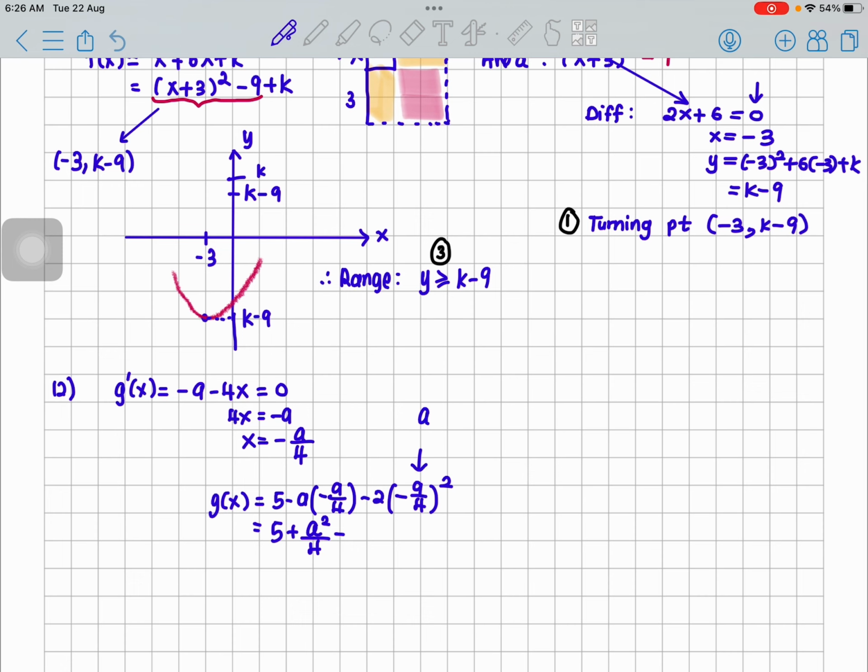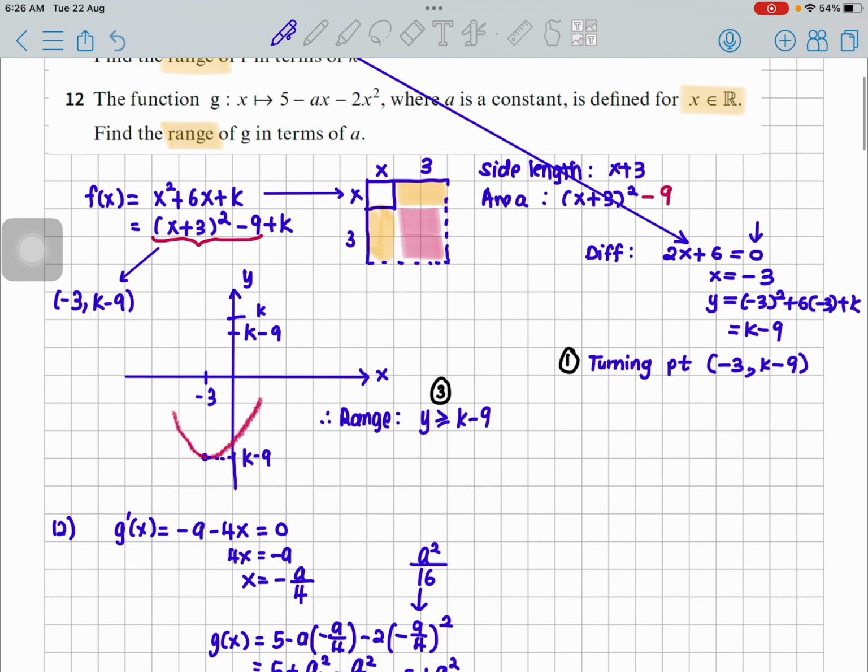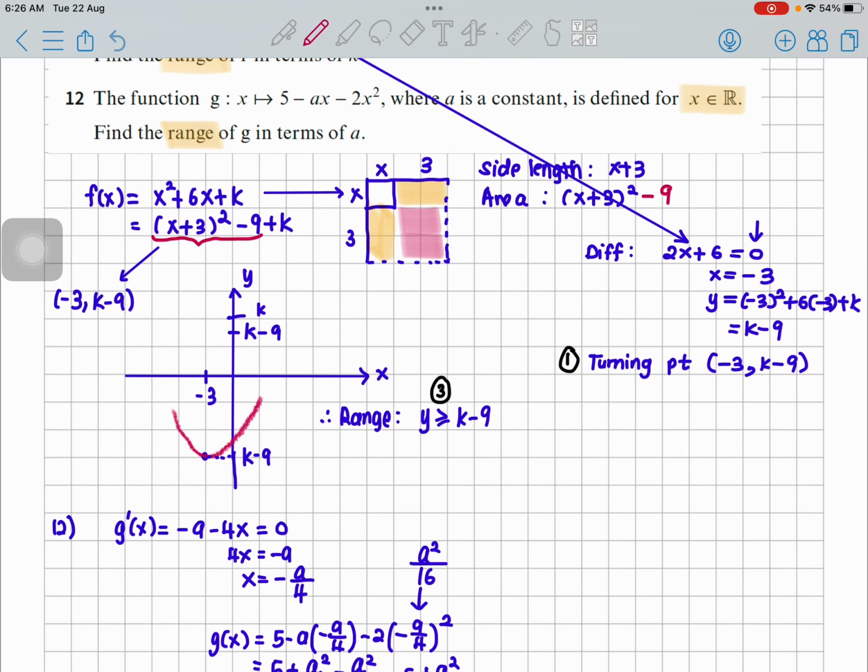This one will give you a squared over 16. Okay, that is my g of x. So now go and see, is it a minimum or maximum graph? Look for the coefficient of your x squared. It is negative 2, so you know that it is going to be a maximum graph.